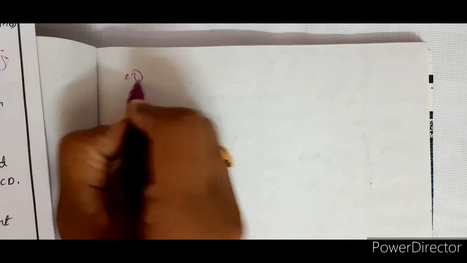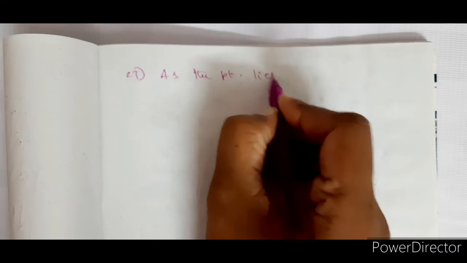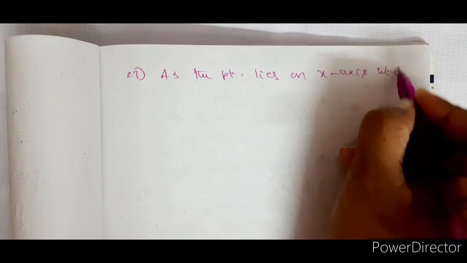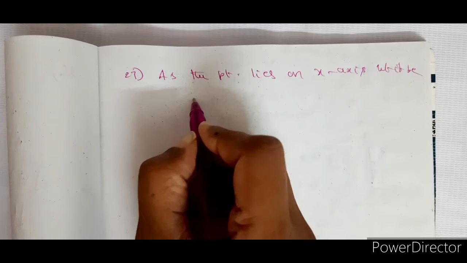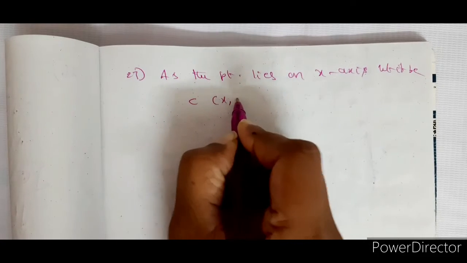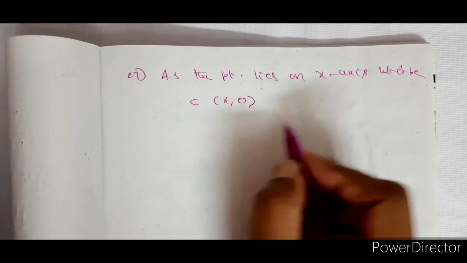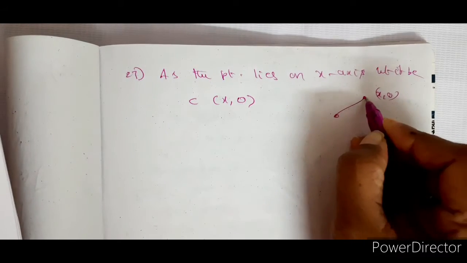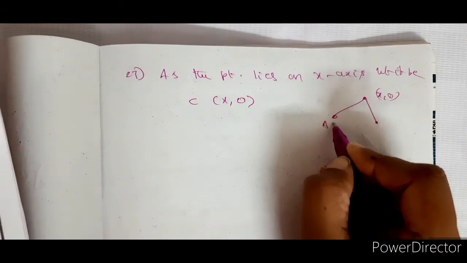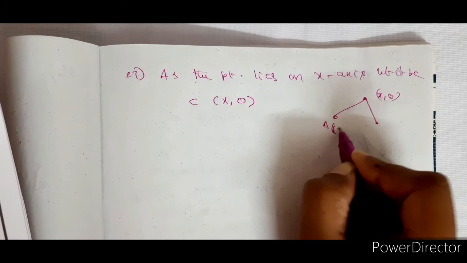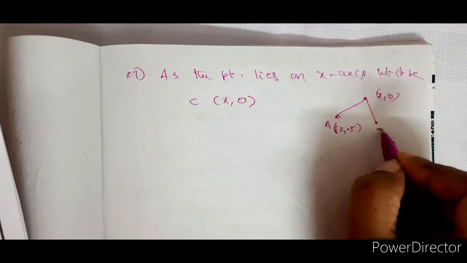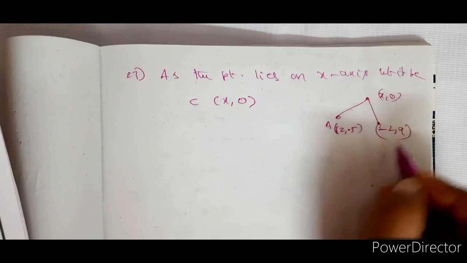Step 1: As the point lies on x-axis, let it be some C of x comma 0. Now C of x comma 0 is here. Now you have A and B. A is given to be 2 comma minus 5 and B is given to be minus 2 comma 9.